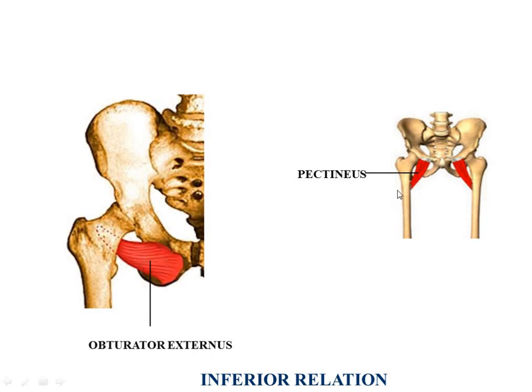The obturator externus muscle arises from the obturator foramen of the hip bone, on the external side all around with the obturator membrane, and from this attachment it goes and attaches to the trochanteric fossa of the femur. So it's lying inferior to it. So that's why it forms the inferior relation of the hip joint. Two muscles forming the inferior relations: obturator externus and pectineus.